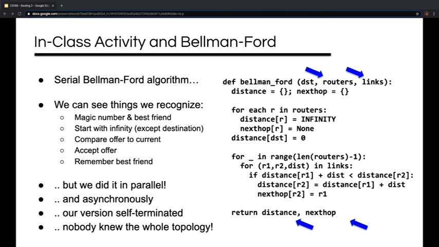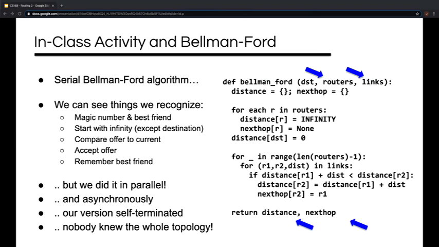All you ever knew was local information about who was directly around you, and all you knew at the end was your distance to Ian, not everybody's distance to Ian.